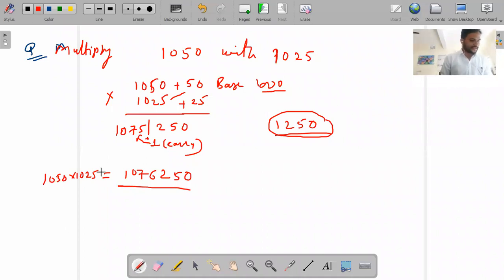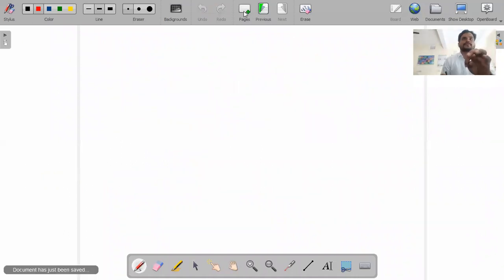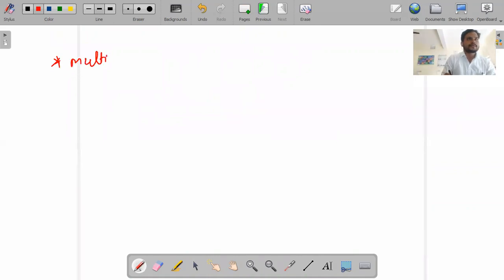So now the next point: multiplying numbers with different bases. If the base for the first number is different as compared to the base for the second number.